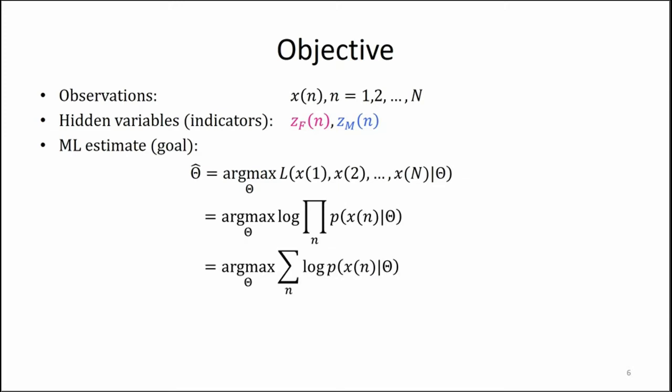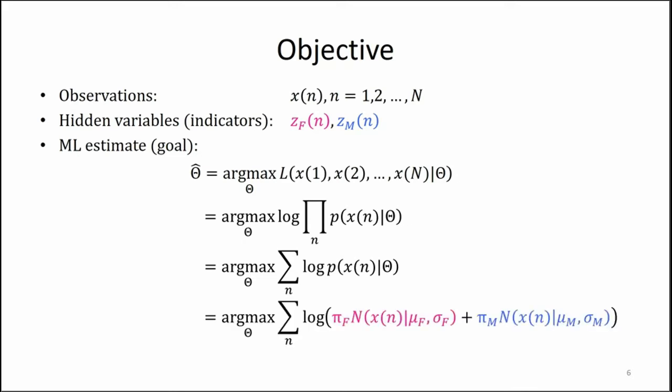Since if you take the product outside the log, it becomes a summation, this expression is equal to argmax of the summation of log p(xn given theta), and substituting the expression for p(xn given theta), this is log of pi f N(xn given mu f, sigma f) plus pi m N(xn given mu m, sigma m).